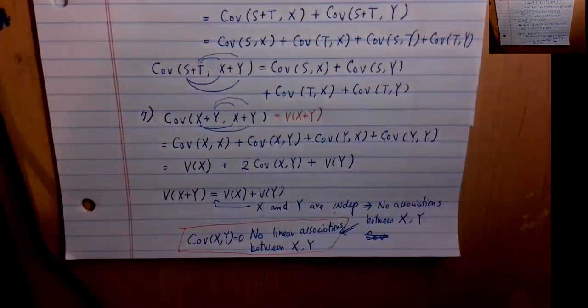Okay, let's flip to the next page. Property A is actually extended from what we mentioned on property 7.